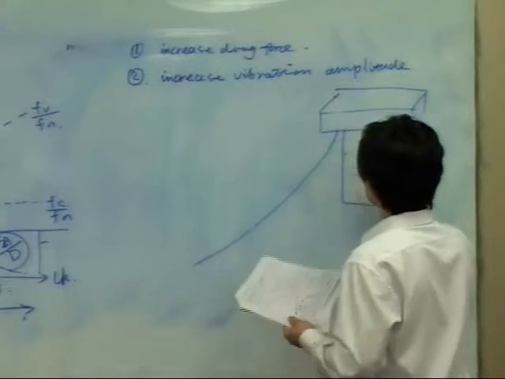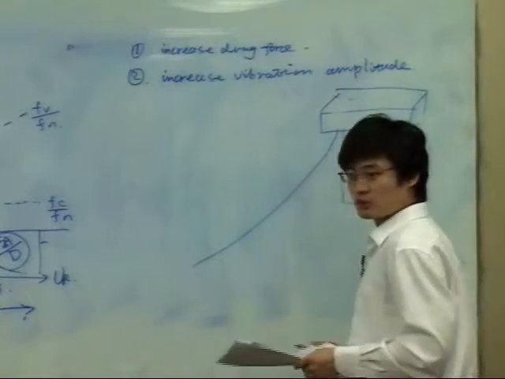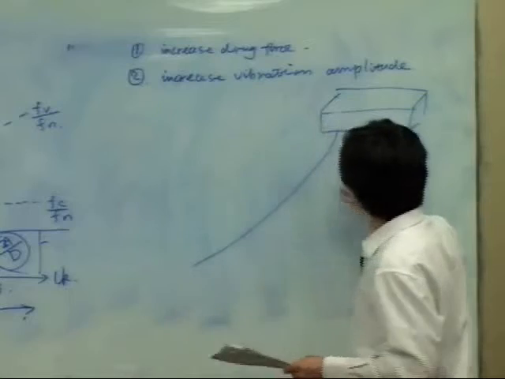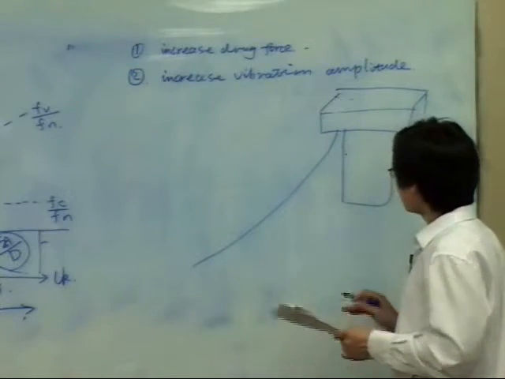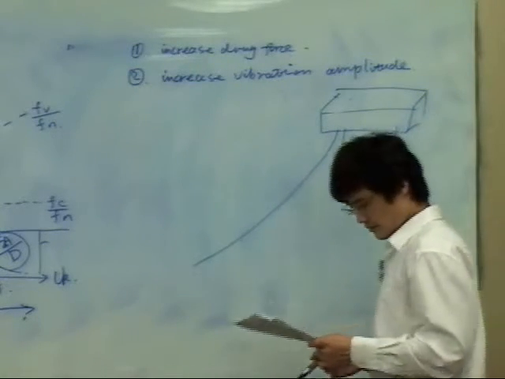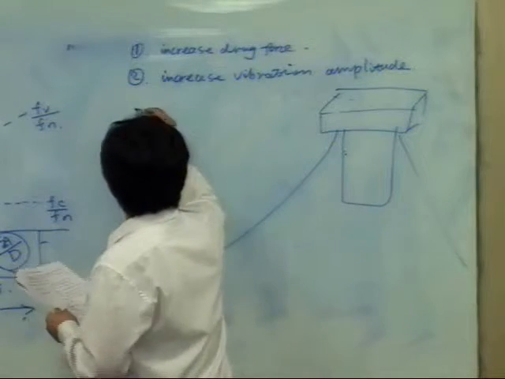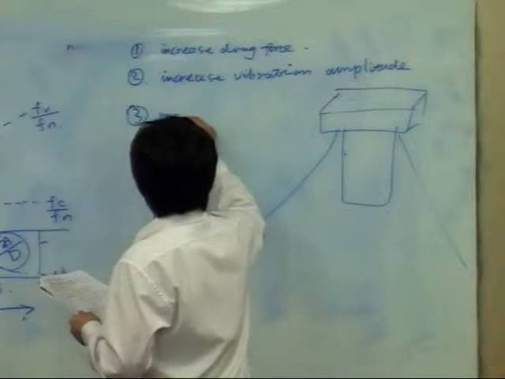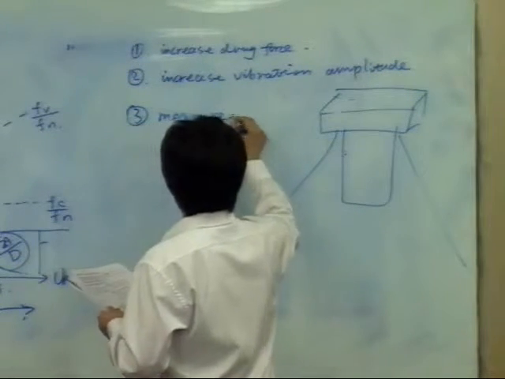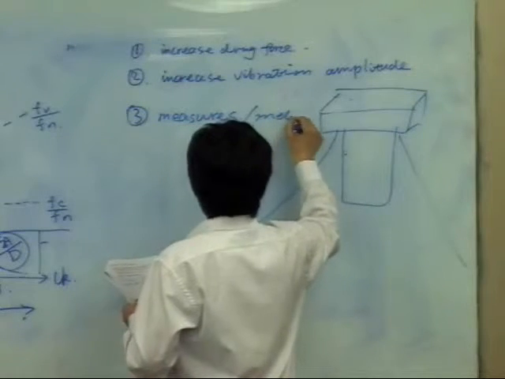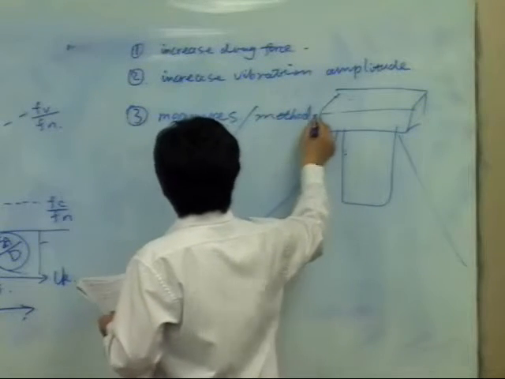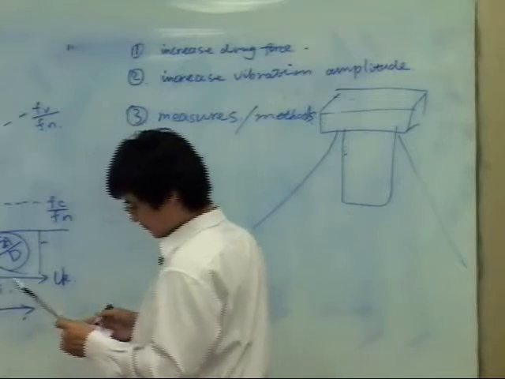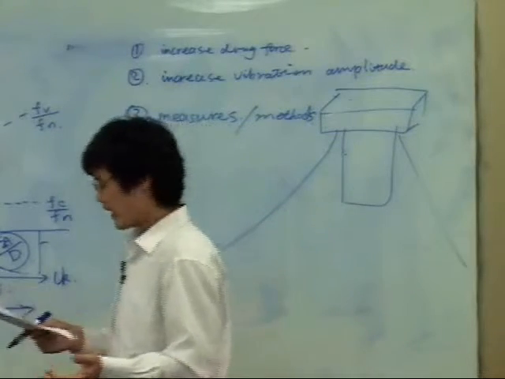There's current passing below, and for this platform, you don't want it having large motions. Okay, so there are a few measures or methods we tend to use to reduce VIV.